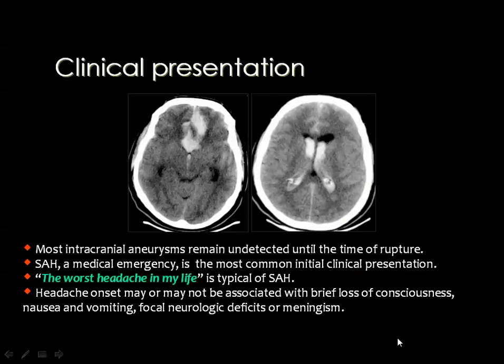Then the clinical presentation of aneurysms is usually due to the complication, which is the rupture. Most of the aneurysms, as written here, remain undetected until the time of rupture, and the rupture will result in subarachnoid hemorrhage. And the very common symptom of subarachnoid hemorrhage is the worst headache in the life of the patient.